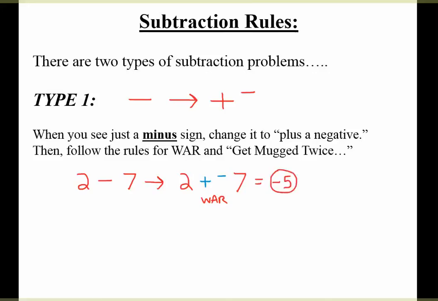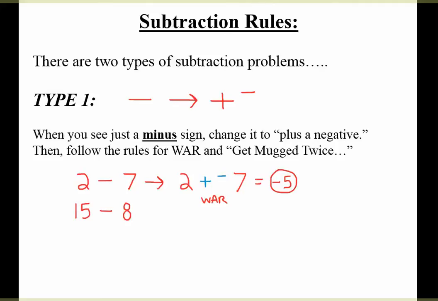All right, let me give you another one. Let's do negative 6. Oh, scratch that. Change my mind. Let's do 15 minus 8. Now sometimes when we get a problem like 15 minus 8, I'll just call this second grade. We all know 15 minus 8 is 7, right?